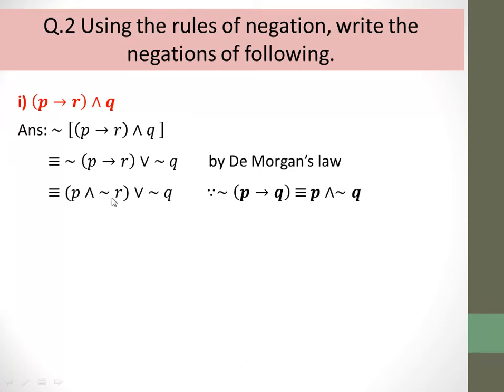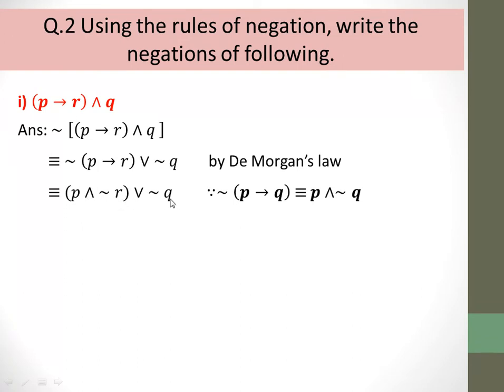So see carefully. Our answer is this: the negation of the given statement pattern is this. But remember, negation is operated on this statement pattern. First of all, we use De Morgan's law, and then the rule of negation for implication.